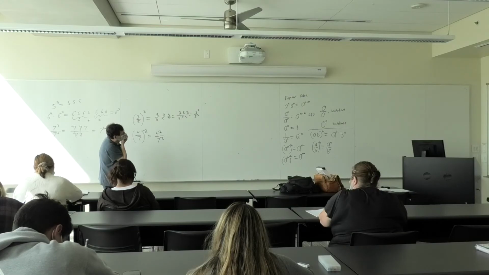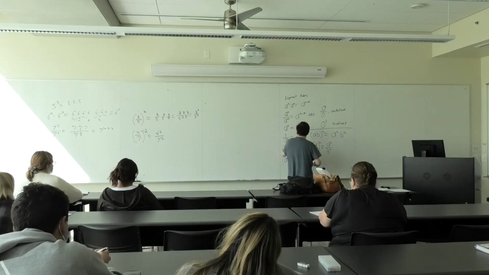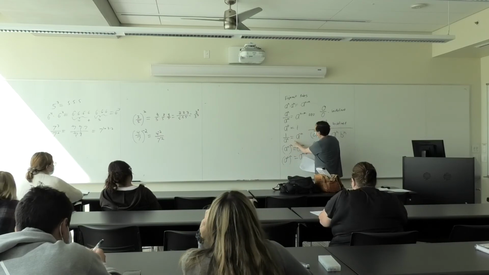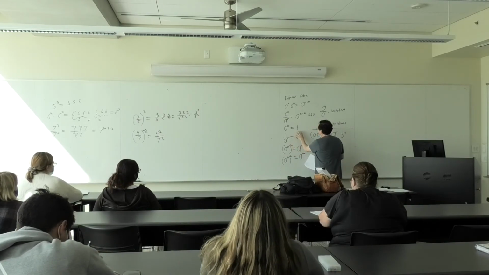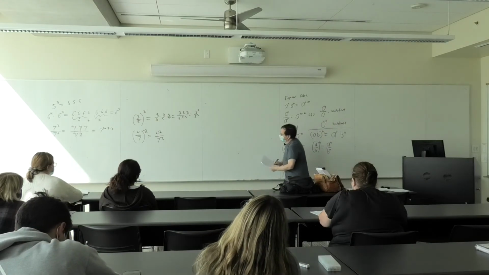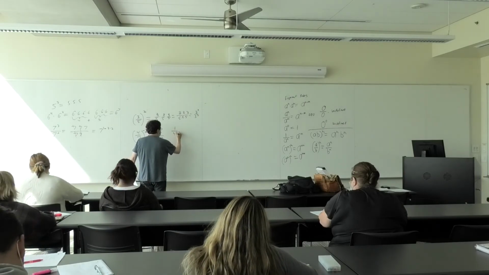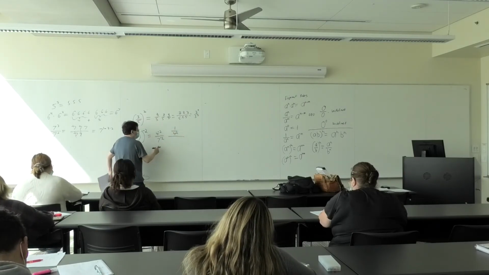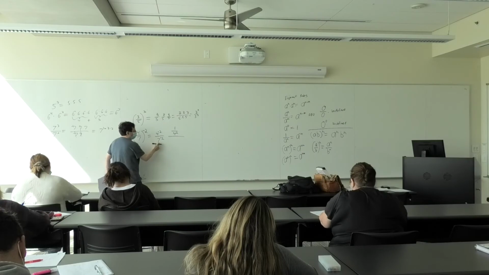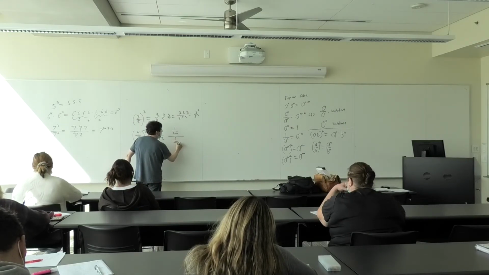For 4 to the minus 2, I want to use this rule: a to the minus n is 1 over a to the n. I want to get rid of that minus, so 1 over 4 squared. And I can do the same with the 7, 1 over 7 squared.